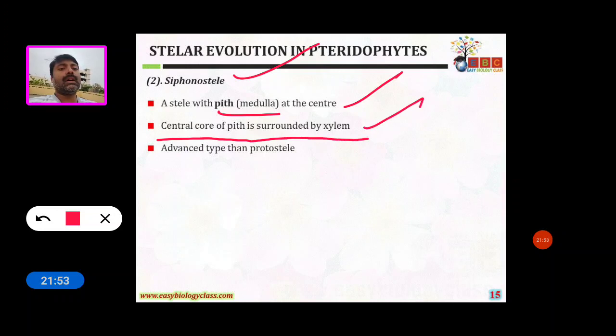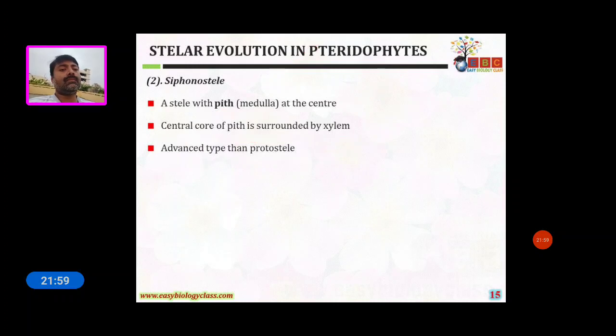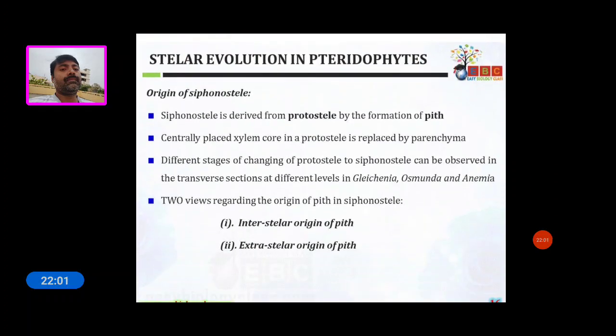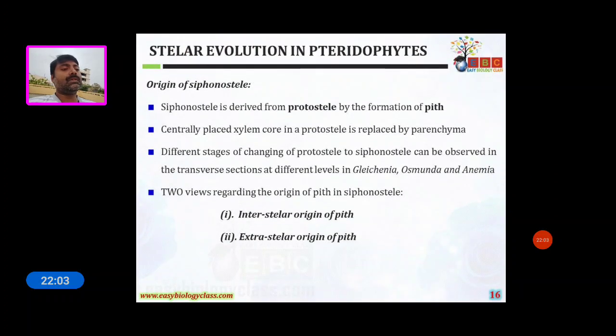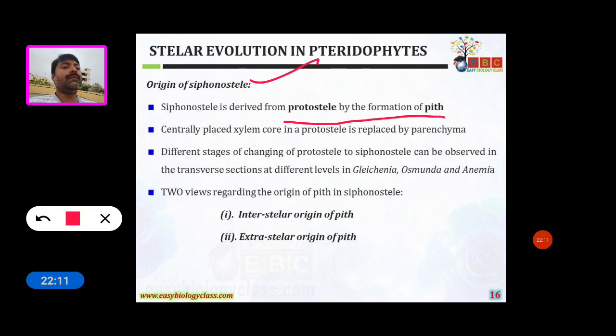So this is more advanced than the protostele. Now see the origin of siphonostele. Siphonostele is derived from protostele by the formation of pith. The centrally placed xylem core in the protostele is replaced by parenchyma.